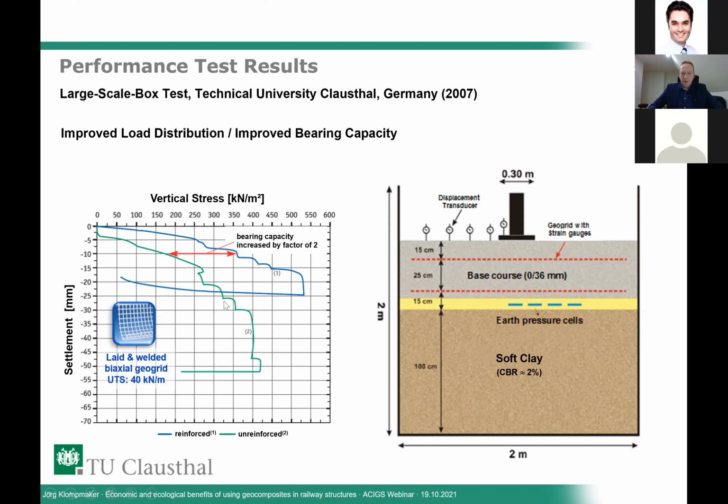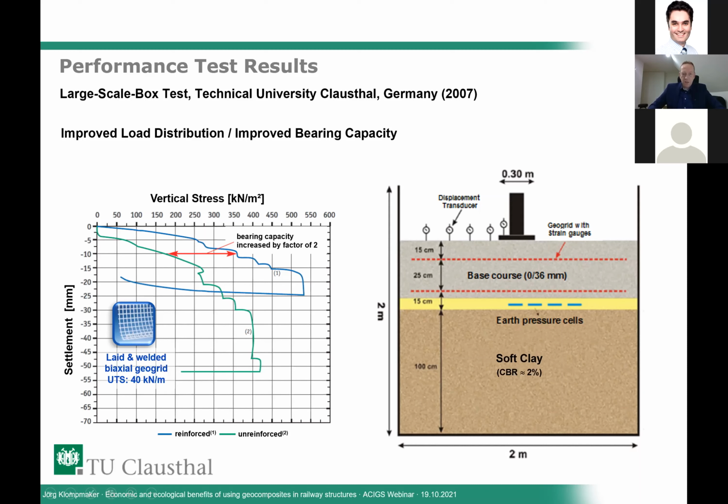And this line is showing us that the settlements are taking place at a much, much faster rate. And if we are now looking at a particular stress level, for example, 300 kPa, and we're using the 2 geogrid layers, we are somewhere around 7 millimeter settlement.